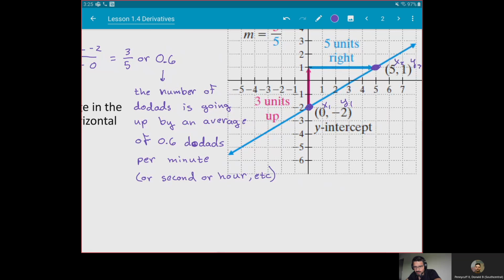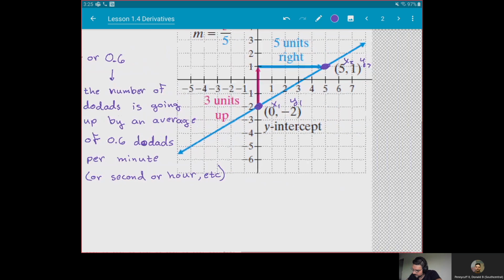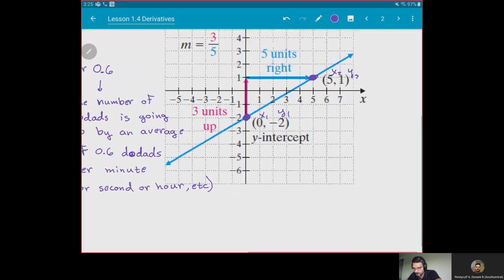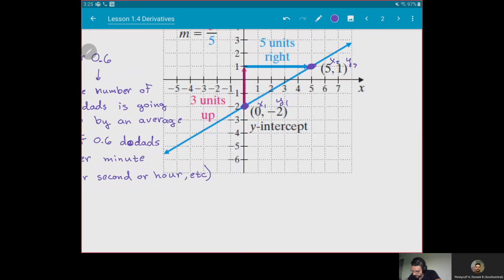To average 9 parts per hour, I never actually have to make 9 parts per hour. I can make 8 and then 10, then 8 and then 10, then 6 and 12. I could go up and down and never actually hit that value. So that's something to keep in mind, because a lot of times if you go by this picture right here that we have of a straight line, which is what most people give you when you're dealing with slope, you're like, oh, well, that's just what it's always going to be.